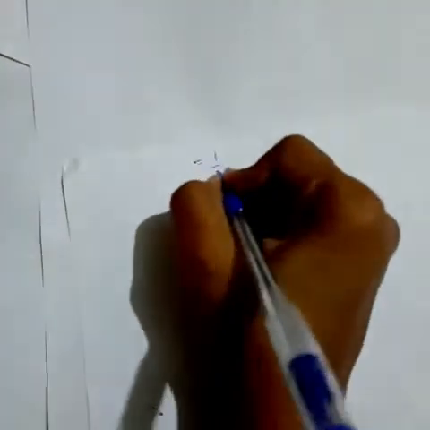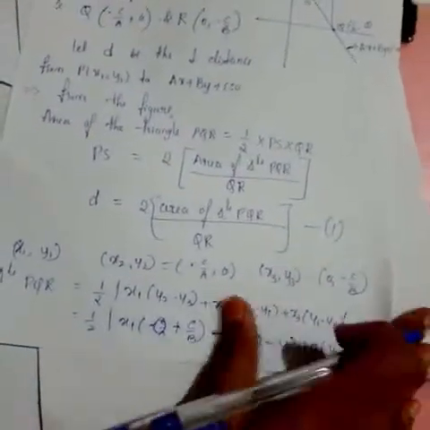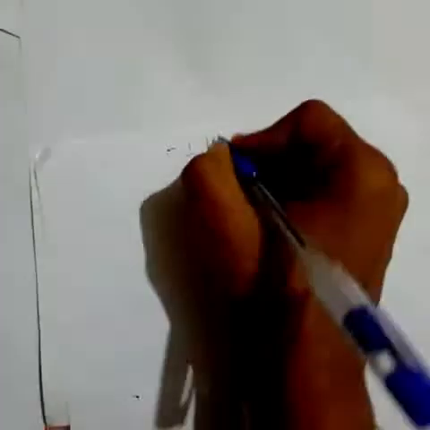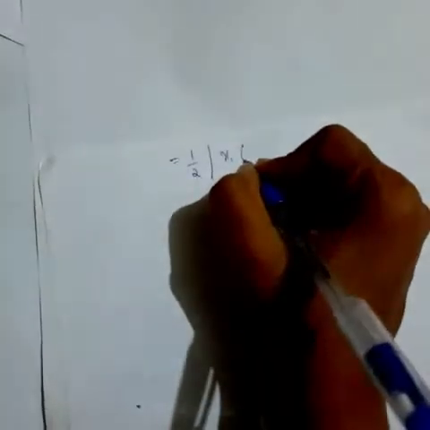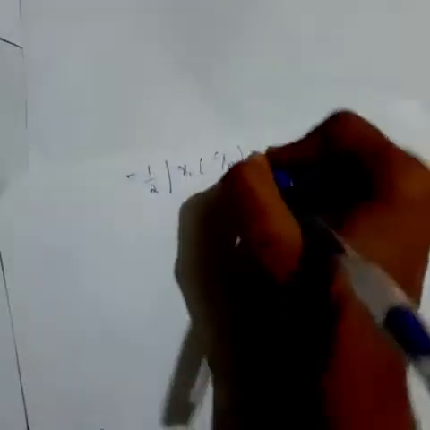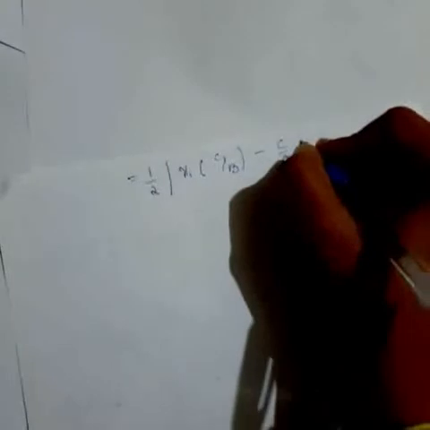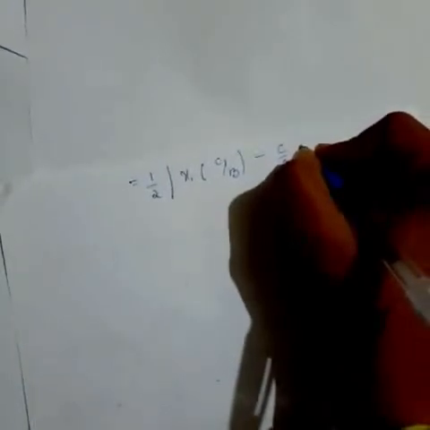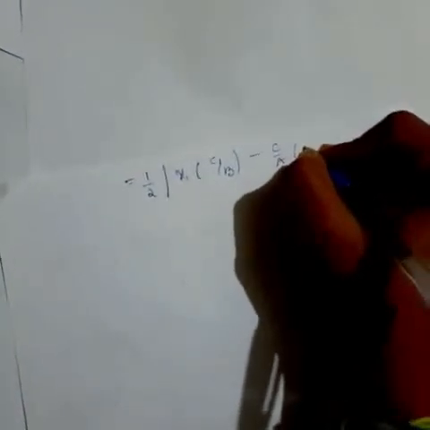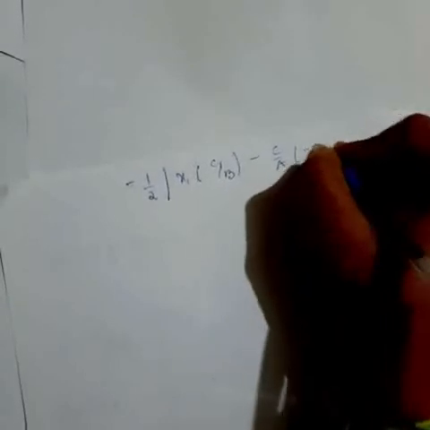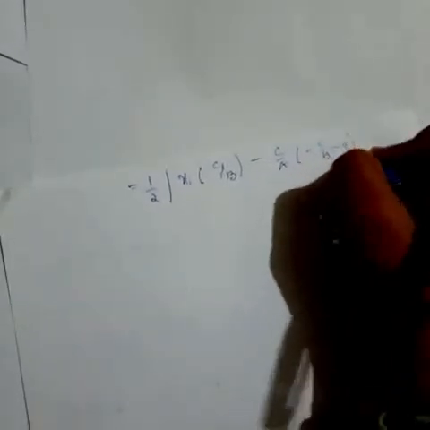So solving this equation, you will get half determinant here. The first one is x1 as it is. x1 into 0 plus c by b is nothing but c by b, minus c by a into minus c by b minus y1, plus 0 into anything is 0.